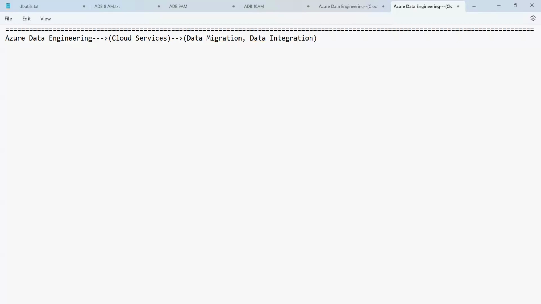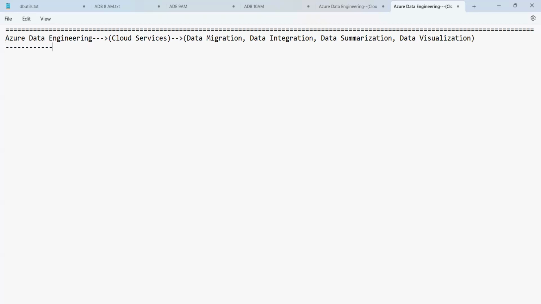Okay, guys, and then we have data summarization, and then we have data visualization. So, guys, these are all the tasks we can perform by using Azure data engineering.